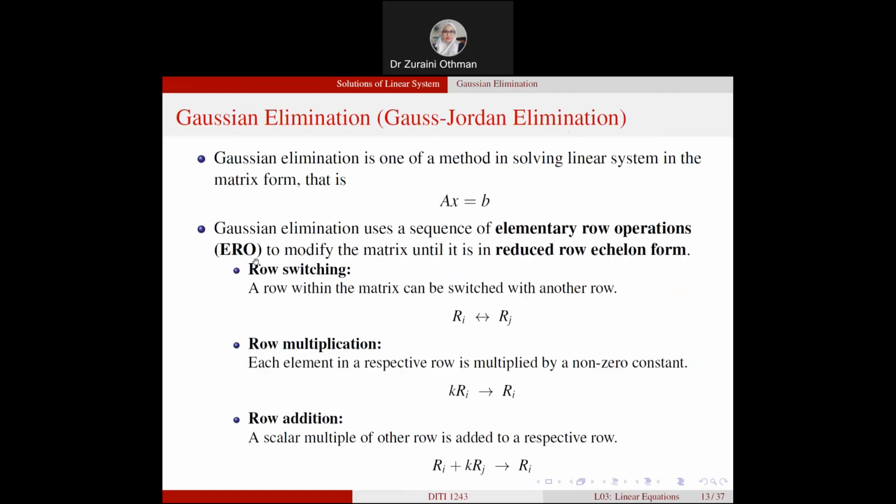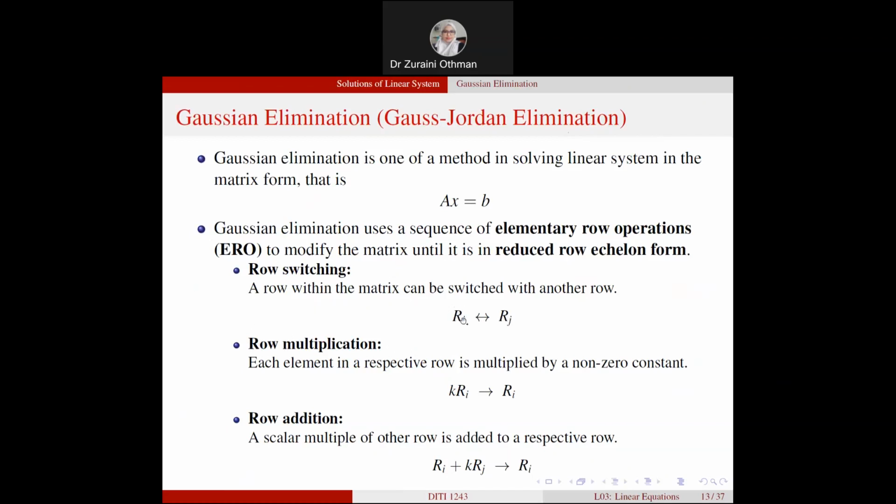I already did an example of elementary row operations in lecture 1. You may see my recording, and in lecture 2, the determinant also involves elementary row operations. And this is the third chapter. We will learn again what elementary row operations are.